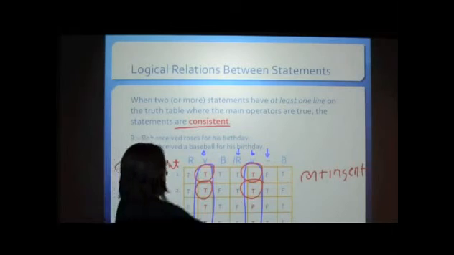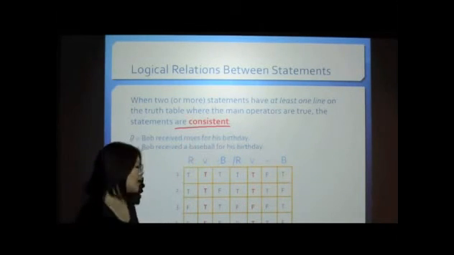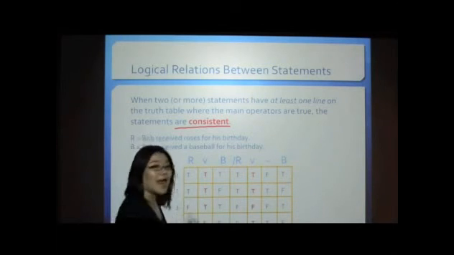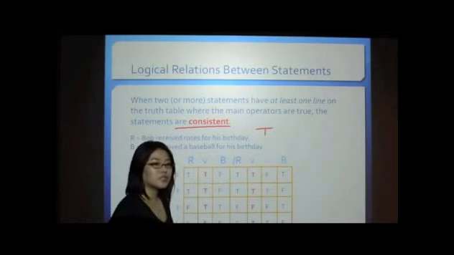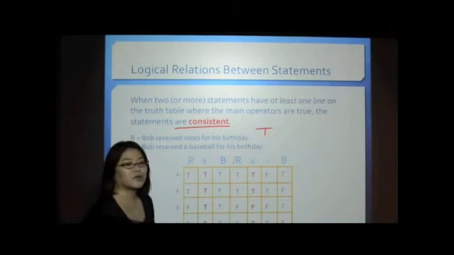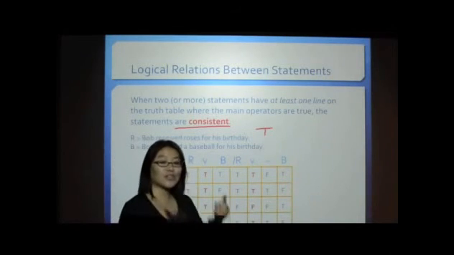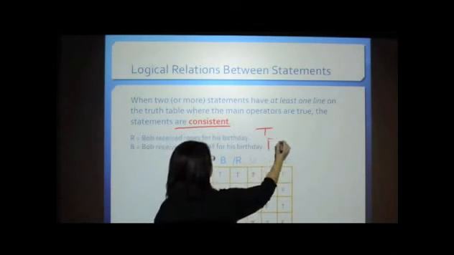However, consider this. R stands for Bob received roses for his birthday, and let's say that it is actually true that Bob received roses for his birthday. And B stands for Bob received a baseball for his birthday, and let's say that it's actually false that Bob received a baseball for his birthday.